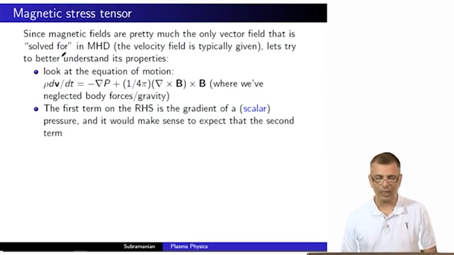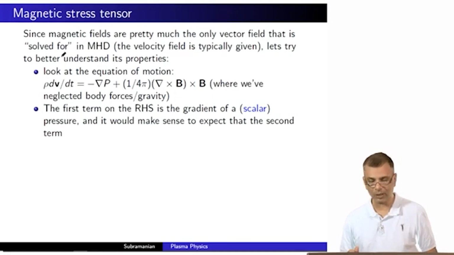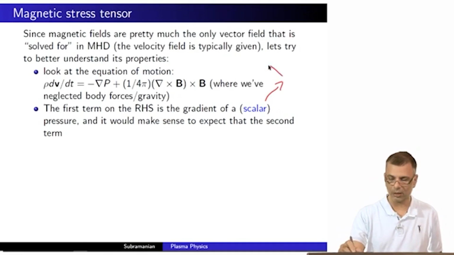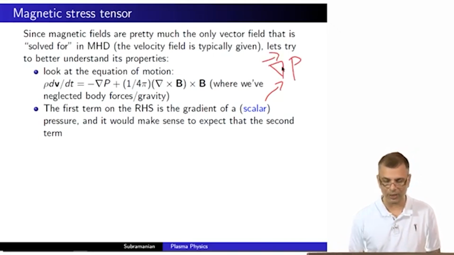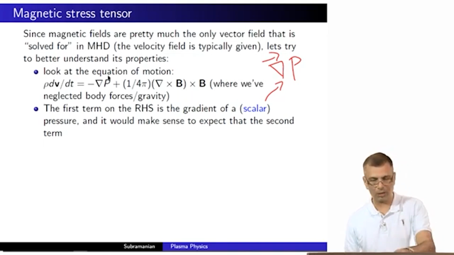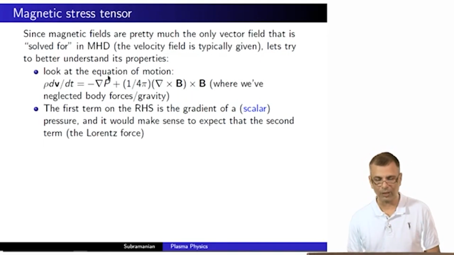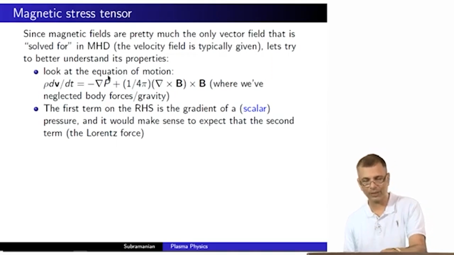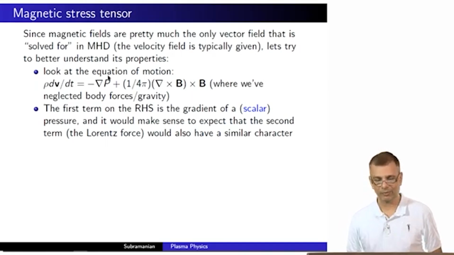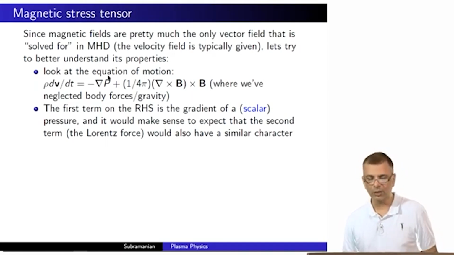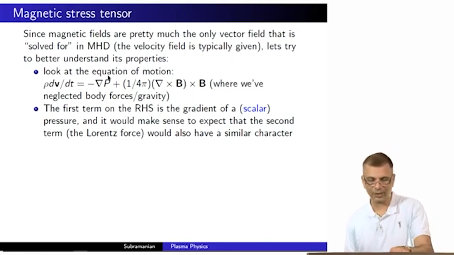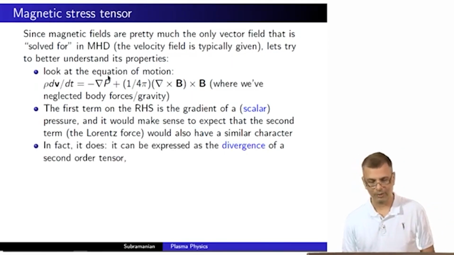And the first term on the RHS is essentially the gradient of a scalar pressure, and therefore it would make sense to expect that the second term, the Lorentz force, should also have a similar character. At the end of the day, this should also look like the gradient of a scalar pressure. This entire term, this curl B cross B.